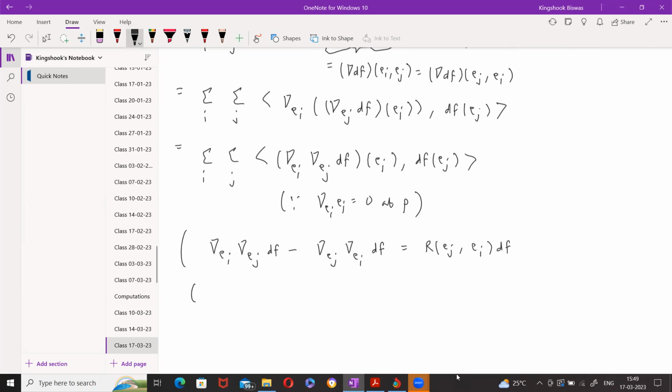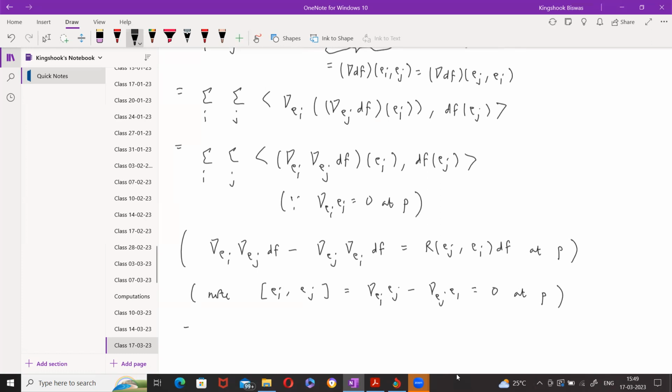By symmetry, the bracket of e_i and e_j is nabla e_i e_j minus nabla e_j e_i, which is 0 at P, so this is true at P.